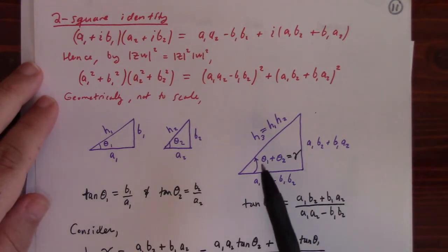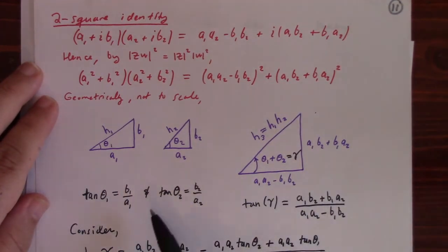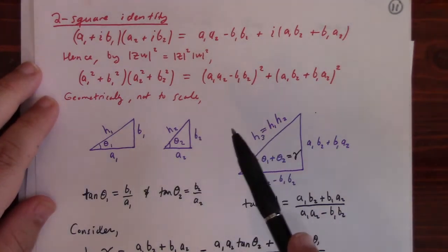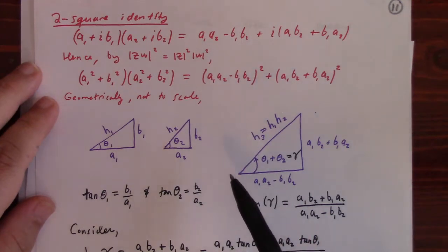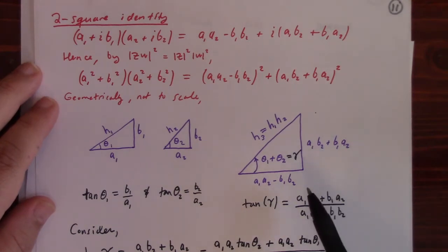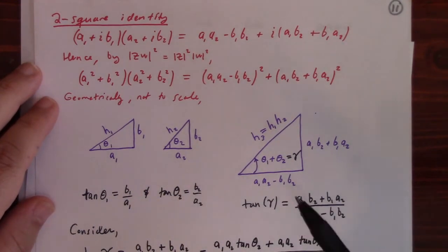And you can look at the tangent of gamma, which is given in terms of the ratio of this opposite and adjacent. But then you can flip over to tangent of theta 1 and theta 2, as I do here.